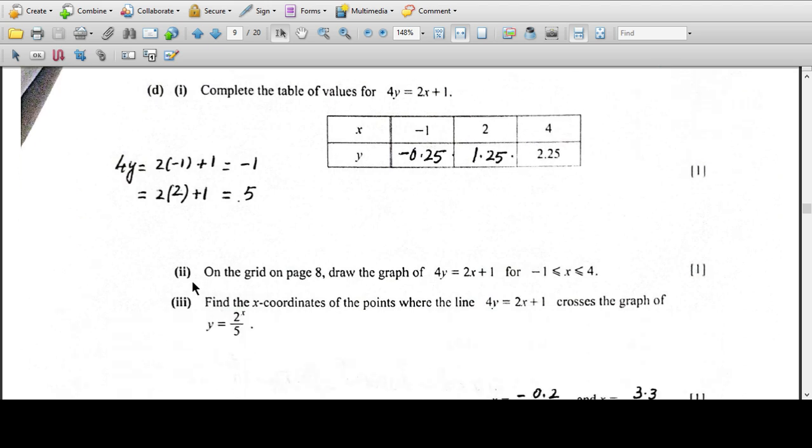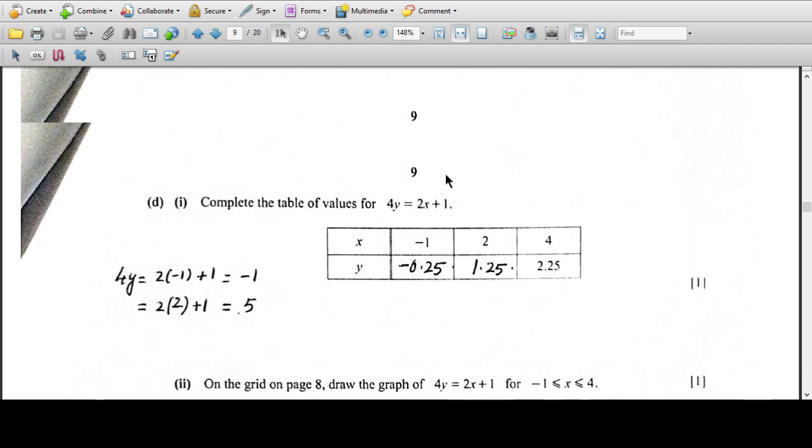In part 2, on the grid on page 8, draw the graph of 4y is equal to 2x plus 1 for -1 to 4. So for x value -1, we will place this value on this graph.